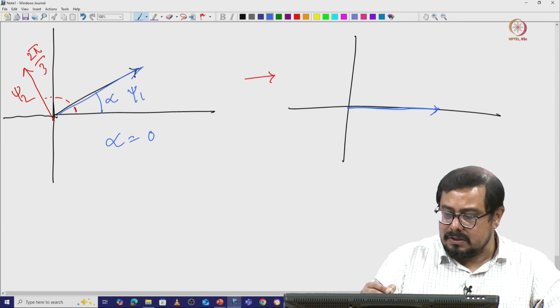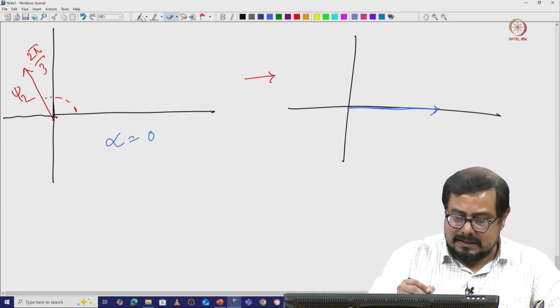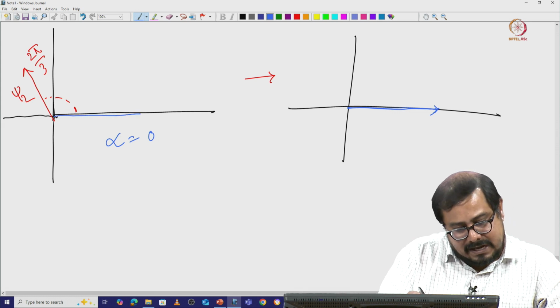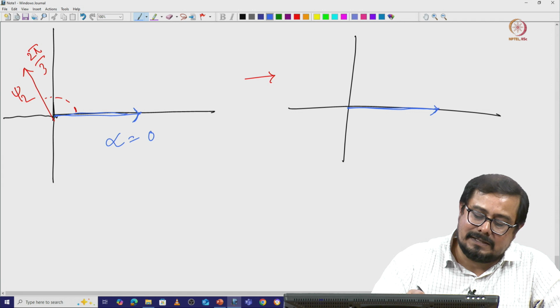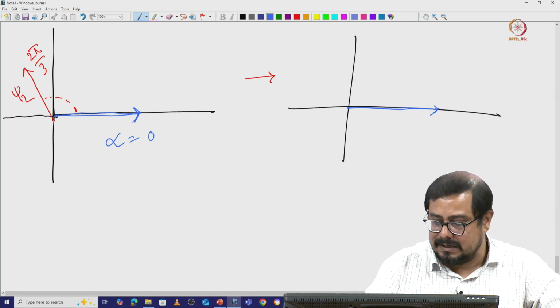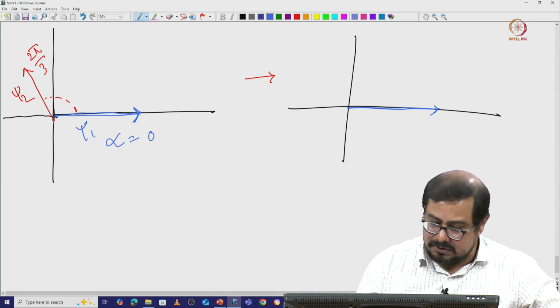If alpha equals 0 here, we can represent this wave like that. It will come straight here. This will be easier for you to understand. So here this will be wave 1 where alpha equals 0.